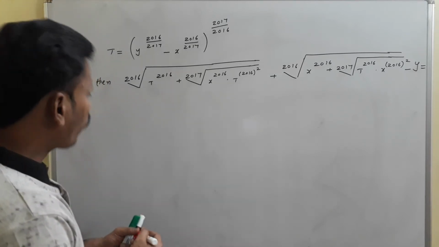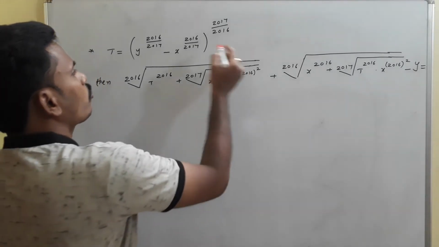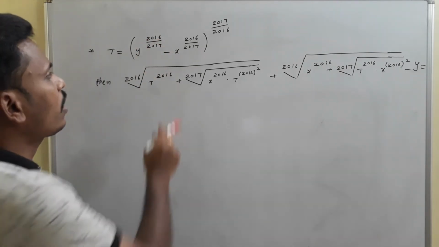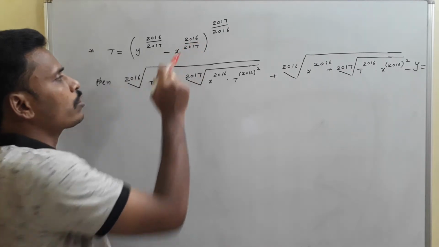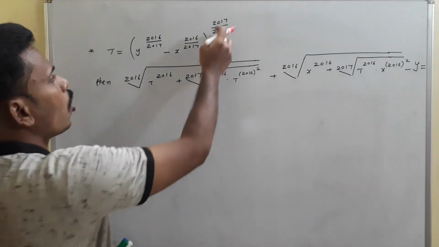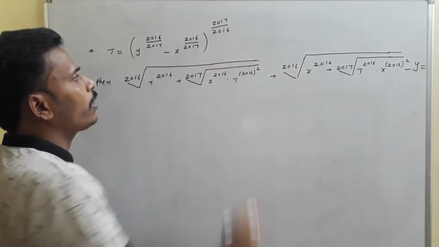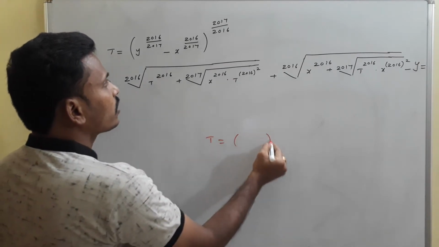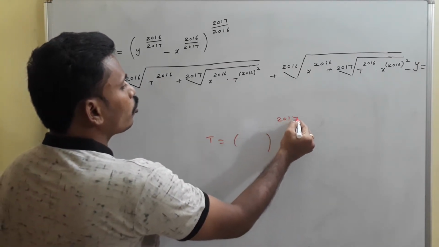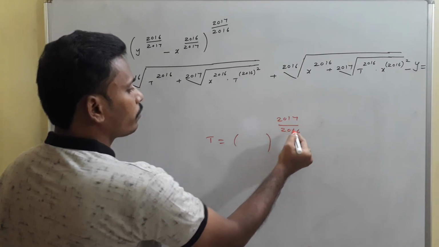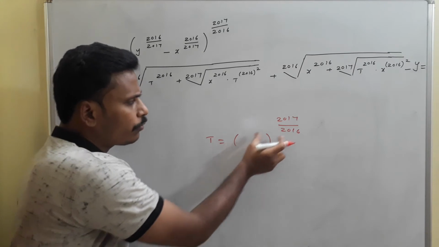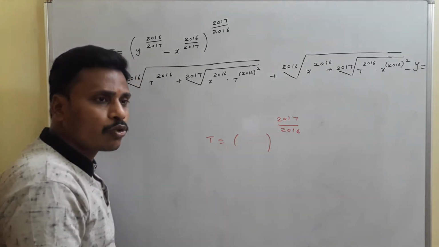First of all, as given, t is equal to y power 2016 by 2017 minus x power 2016 by 2017 whole to the power 2017 by 2016. You just look here, I have t is equal to something to the power 2017 by 2016. For some time, you just leave that something to the power 2017 by 2016.